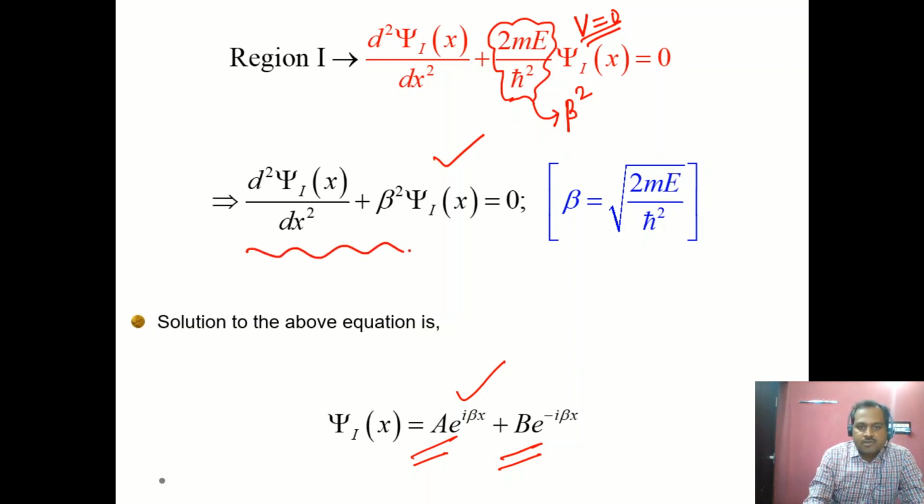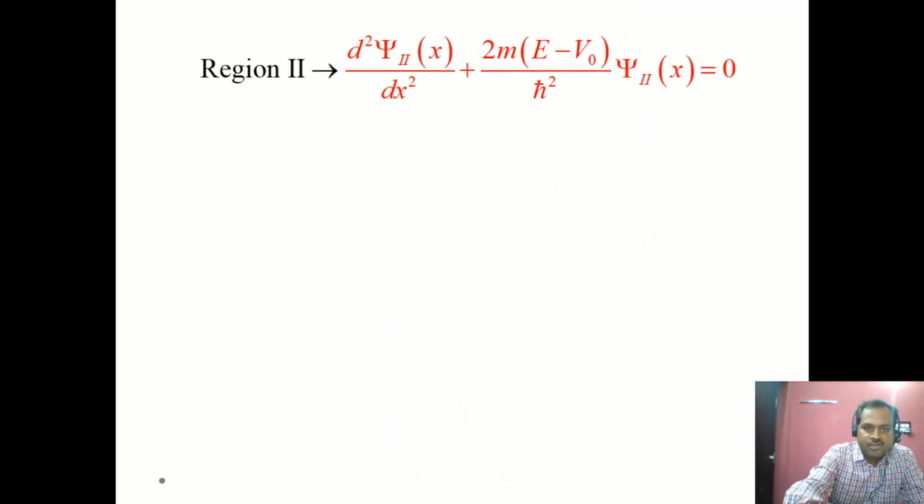So this is the solution of the wave function in region 1, where the electron wave is not experiencing any potential. Now let us focus on the second region. In the second region, the potential is V naught, so it will be d square psi 2 by dx square plus 2m by h cross square into E minus V naught psi 2 of x is equal to 0. Remember here the wave function psi is different from region 1.